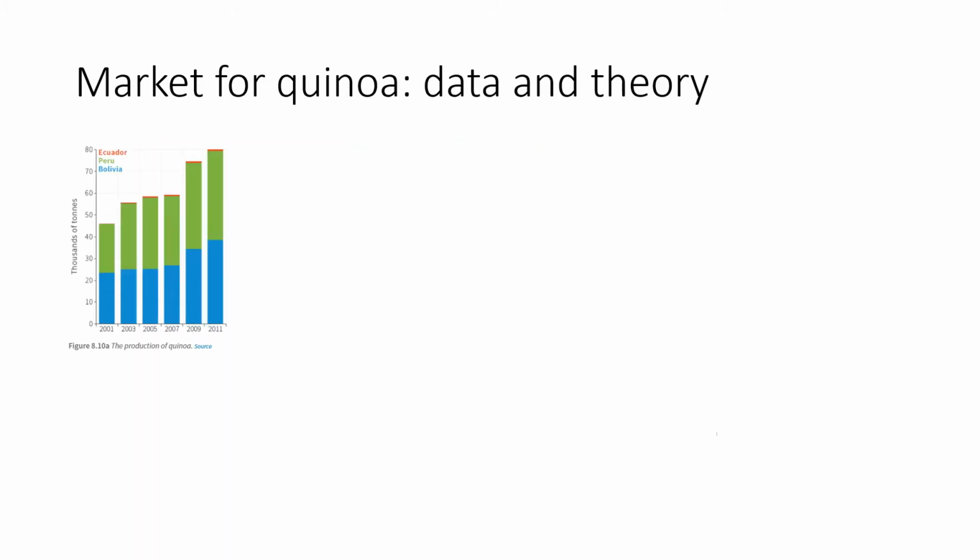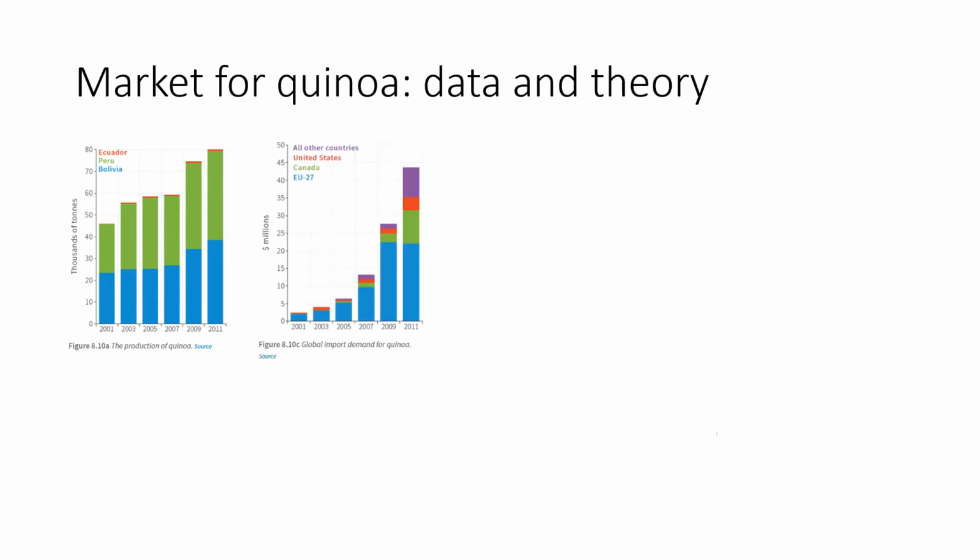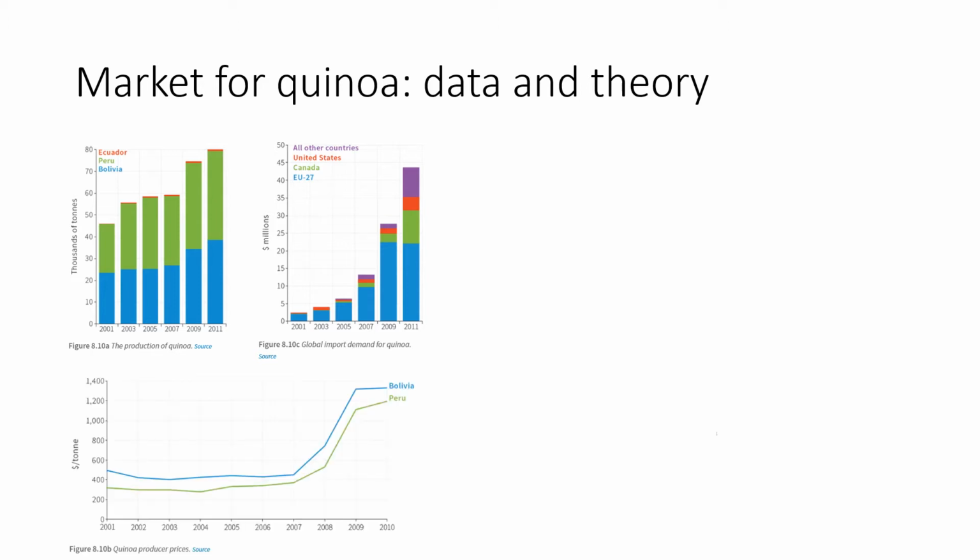So one piece of data that we need to be able to explain is the increase in the quantity of quinoa produced in Ecuador, Peru, and Bolivia. Between 2001 and 2011, we see the quantity produced almost doubled. We can also see that the imports, measured here in millions of dollars, have increased substantially over this period, especially to the European Union, but also Canada and the United States.